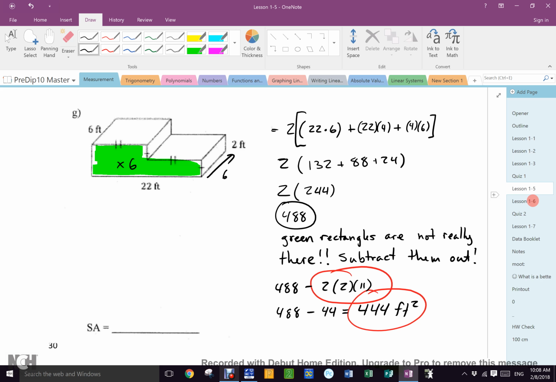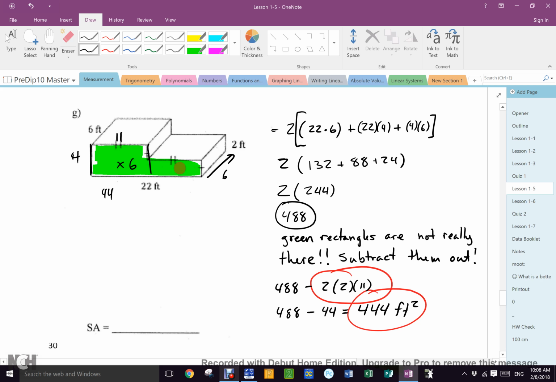Well, what's the area of the green? How long is that? 11. How long is this? How long is this, up and down? 4. So how big is that part? 44.